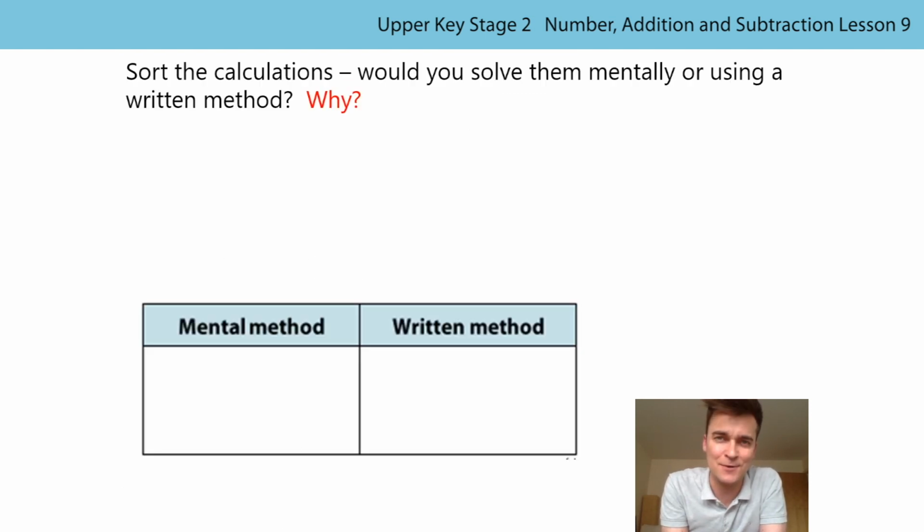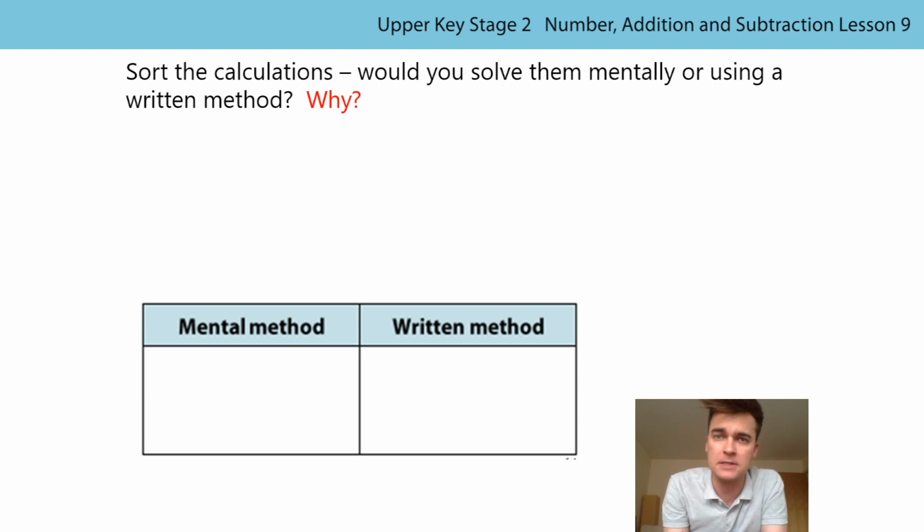Here's a chance for you to have a look at some expressions, not equations, because you're not going to be thinking about the totals, the sums. All I want you to do is look at the expressions and decide whether you would solve them mentally, like we've just been doing, or with a written method.